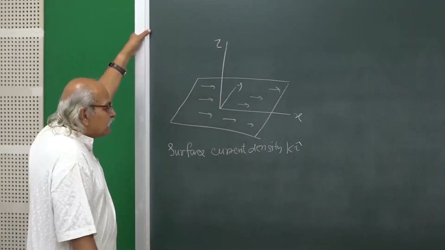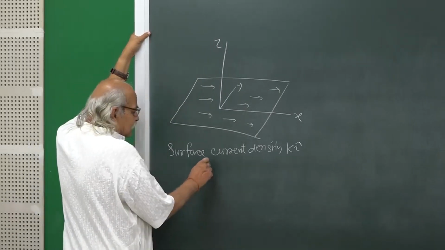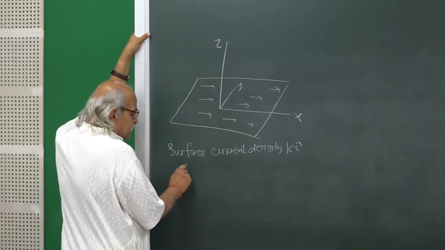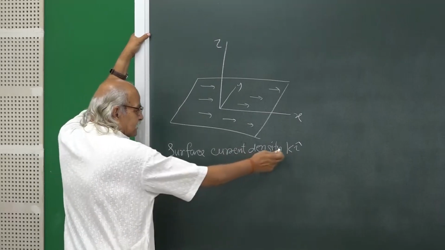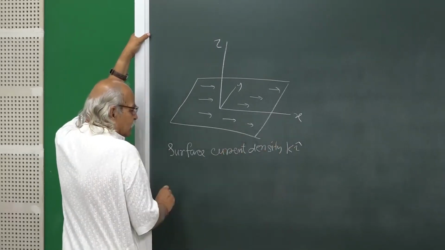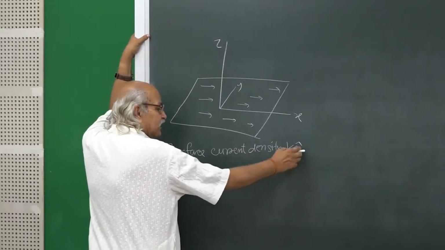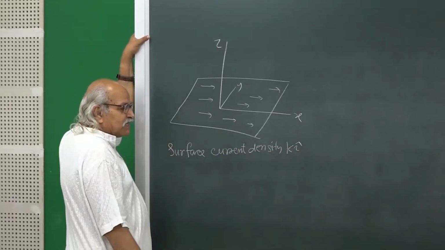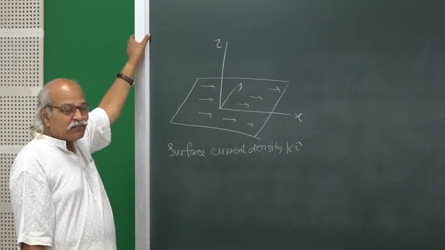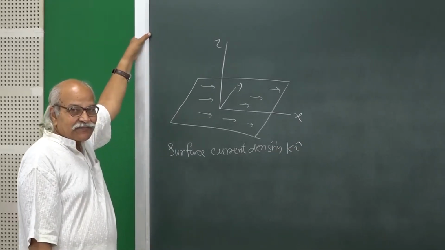Let us first see that this current density has only the i component. It does not have a j component or a k component, no component in the y direction and no component in the z direction.